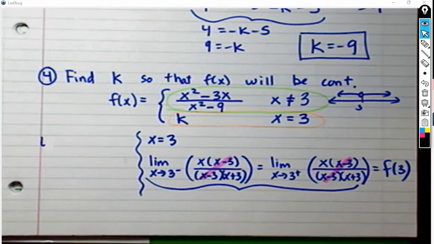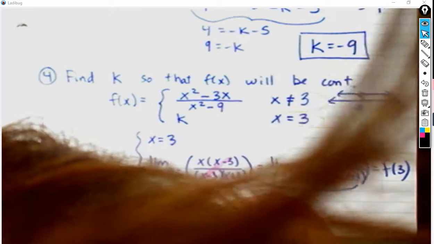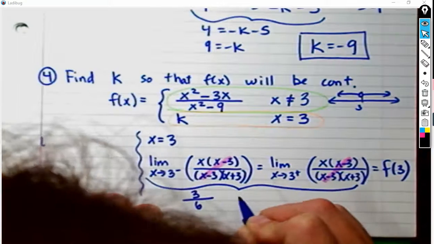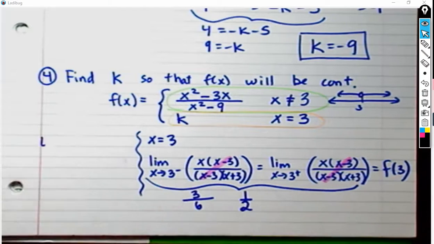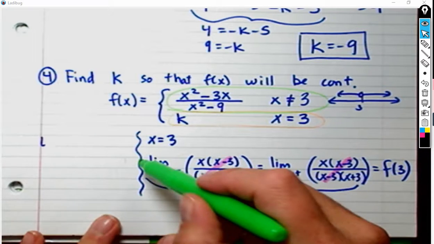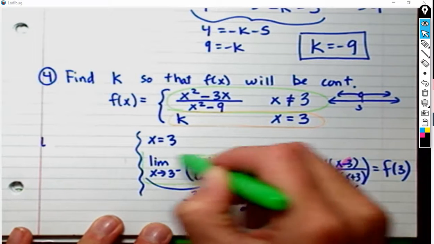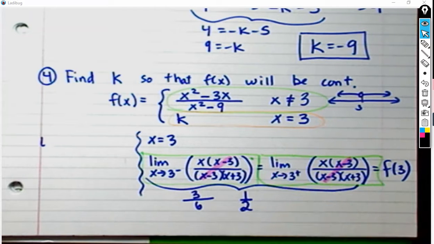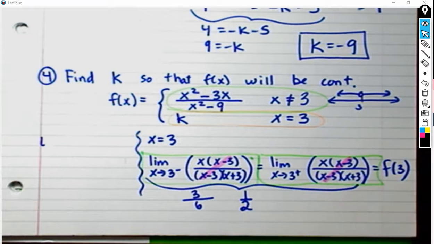Just plug it in. Just plug it in. So I get 3 over 6. So I get 1/2. Fancy that? Okay. So these two pieces were green. Okay. Because that is the left and the right. Okay, the point.